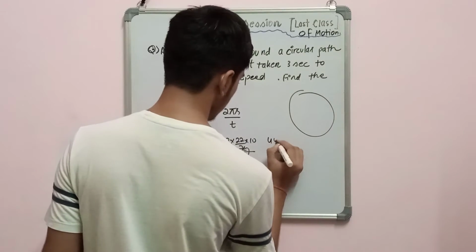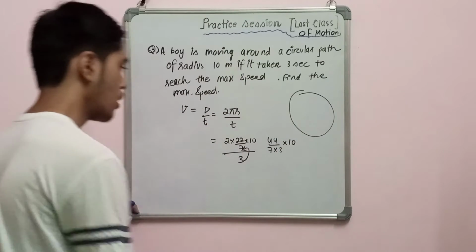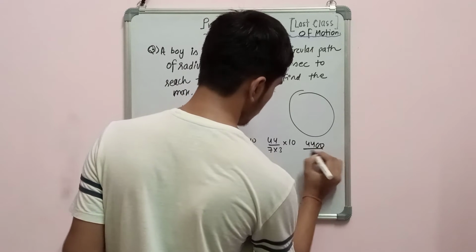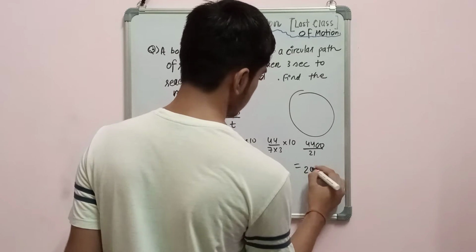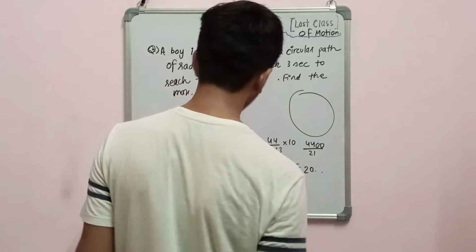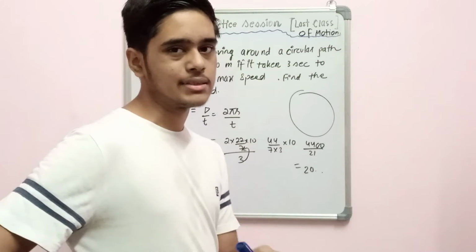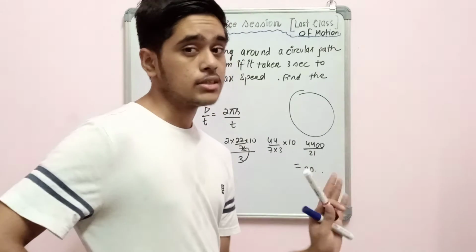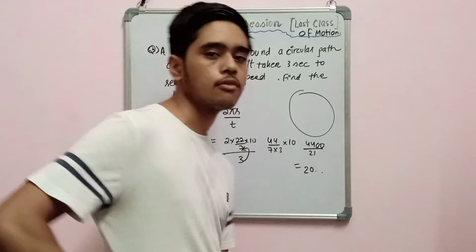So this is 44 upon 7 into 3 into 10, which becomes 4400 upon 21. So 220 point something will be the answer. In any question, just calculate up to 2 decimal places, not more than that, otherwise you will feel confused.